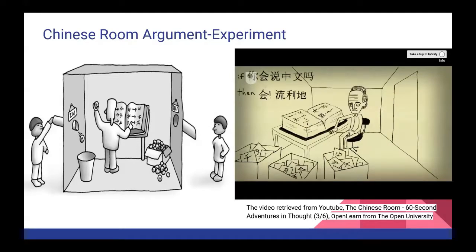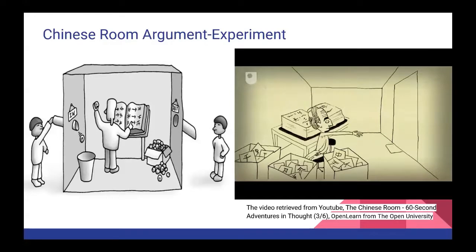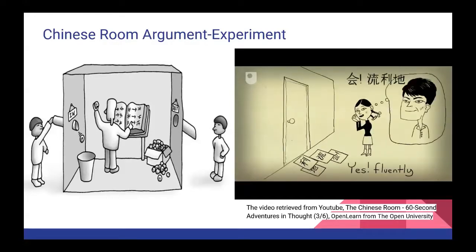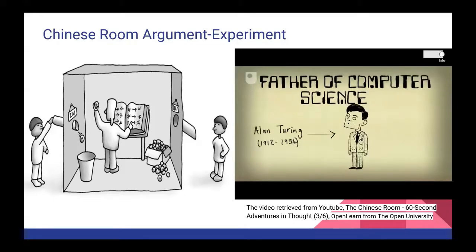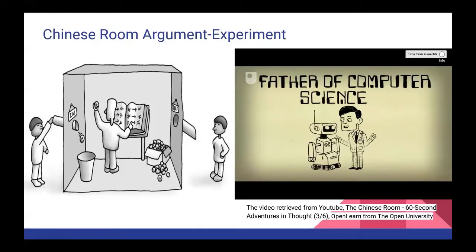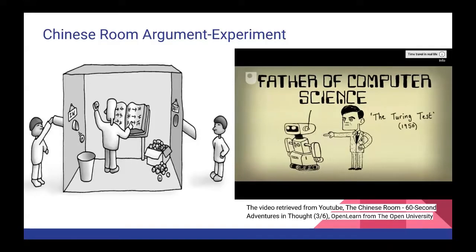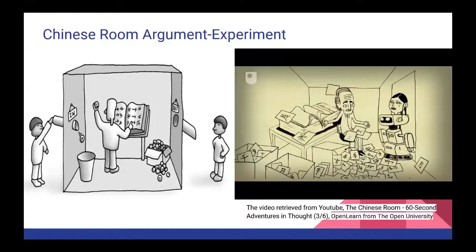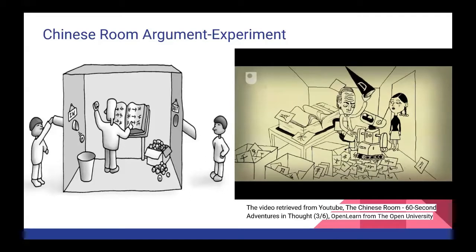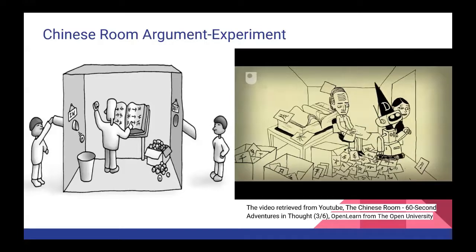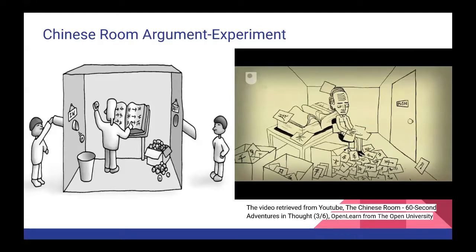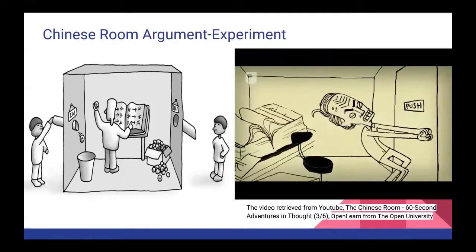The person on the other side would think they're chatting with a Chinese speaker, just one who doesn't get out much. But really, it's a confused philosopher. Now, according to Alan Turing, the father of computer science, if a computer program can convince a human they're communicating with another human, then it could be said to think. The Chinese room suggests that however well you program a computer, it doesn't understand Chinese, it only simulates that knowledge, which isn't really intelligence. But then sometimes humans aren't that intelligent either.